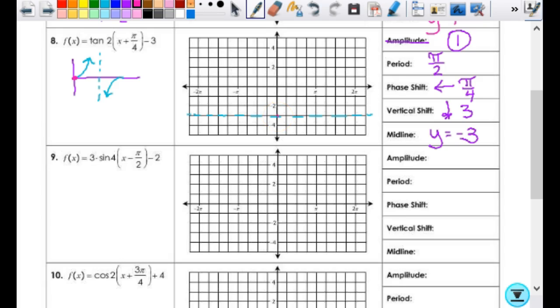I then have a phase shift to the left pi fourths, so this is where my first point goes. Okay? The end of the period is another intercept. The period is pi halves long. That's 2 pi fourths, right? So 2 of those, there's the end of the period. Okay, everybody okay with that?